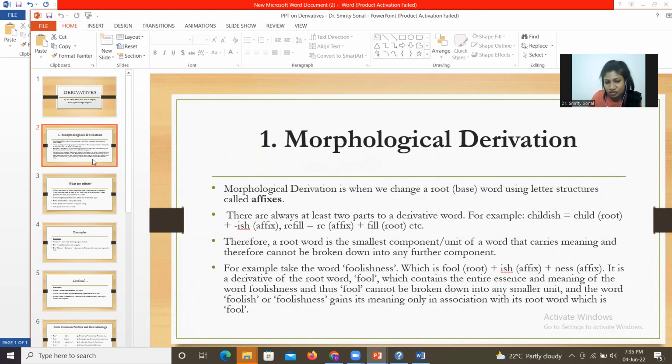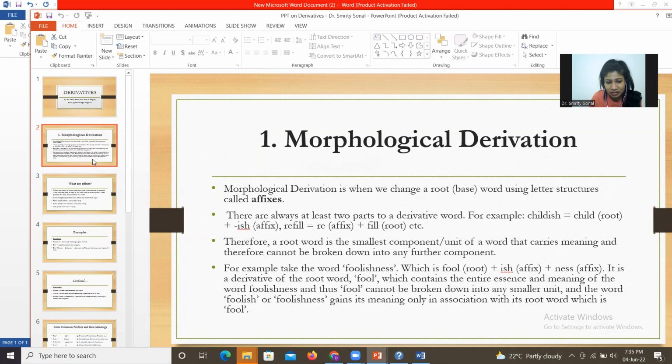An affix is any addition that we do. It could be pre, it could be post, it could be in between. Whatever addition that we do in a word to make a new word is called an affix. So childish is the derivative of the word child when we add the affix ish to it.